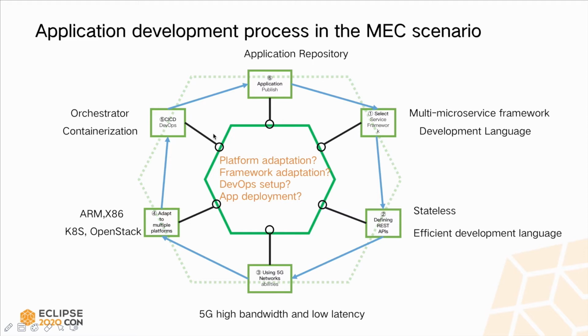After the first three steps are complete, application development depends on platforms such as ARM, x86, Kubernetes, or OpenStack. For developers, different computing architectures and IaaS platforms are required. The difference is very big.